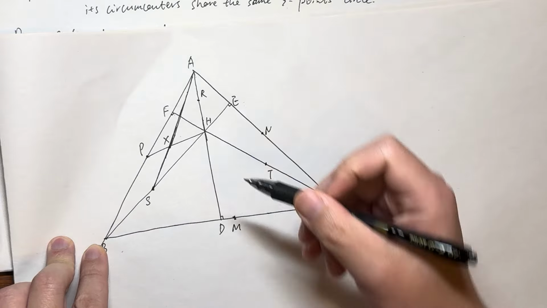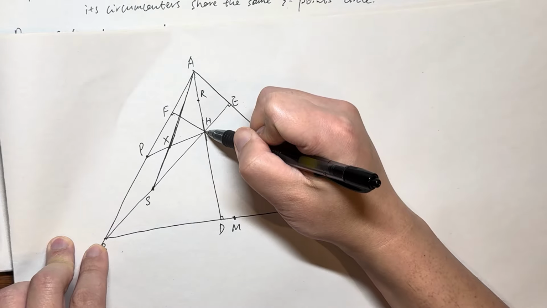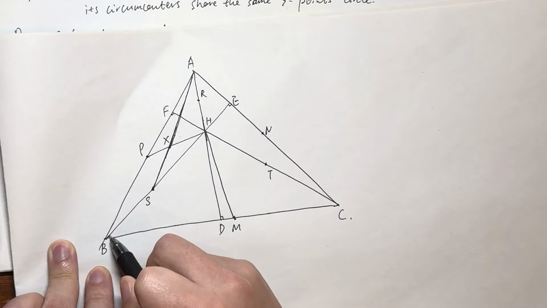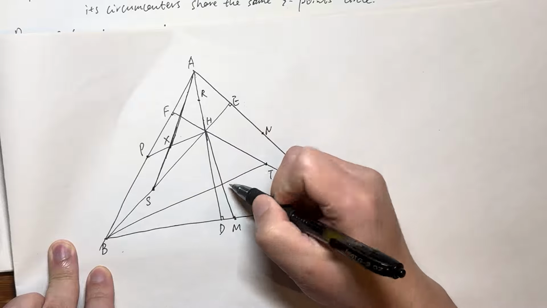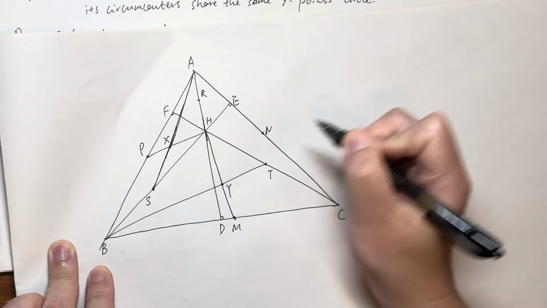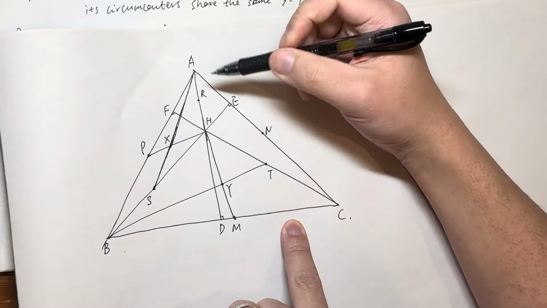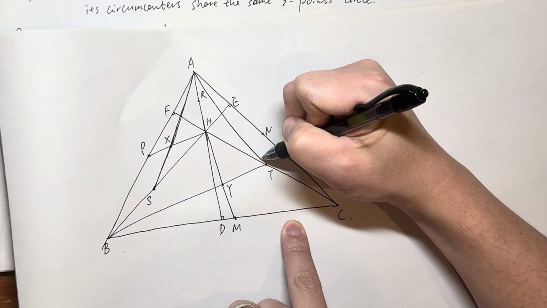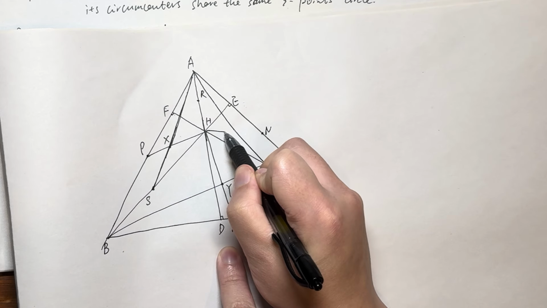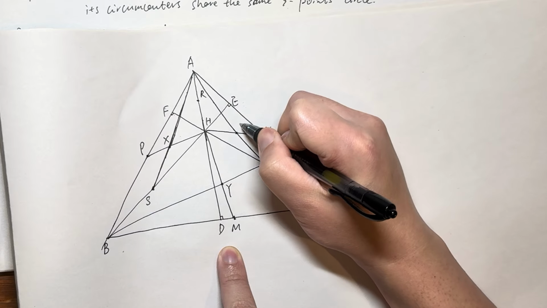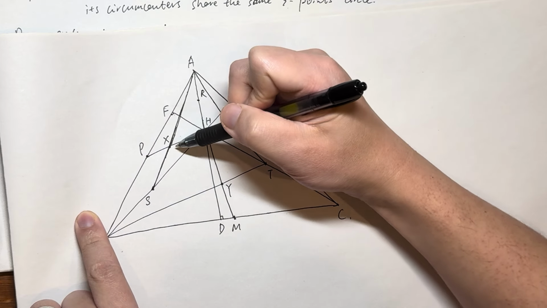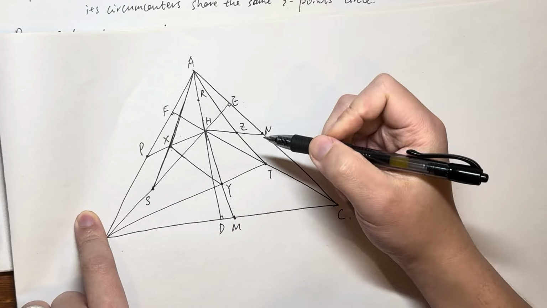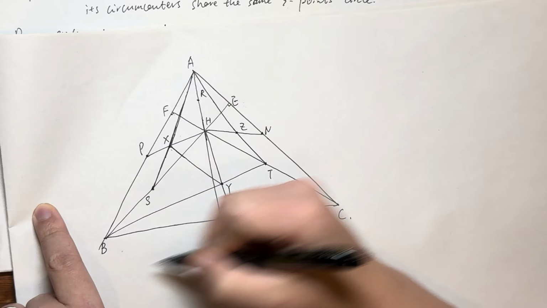And now let's find the centroid of triangle BHC. Let's call it Y. And now let's find the centroid of triangle ACH. Let's call it Z. So basically we want to prove that, and also we need to find the centroid of the triangle ABC.